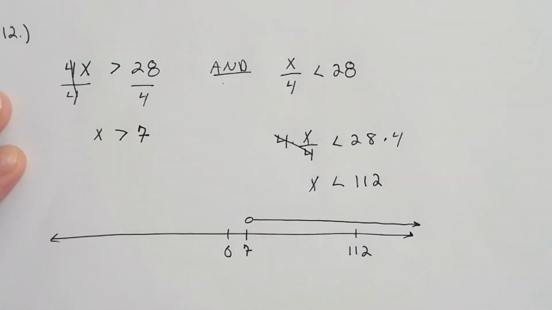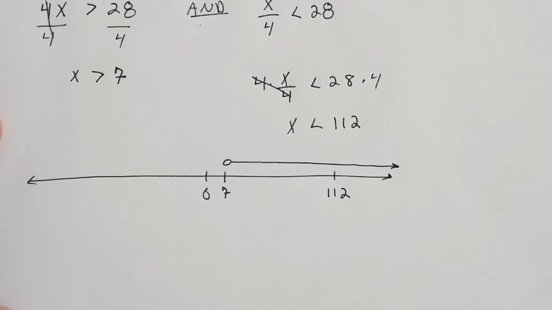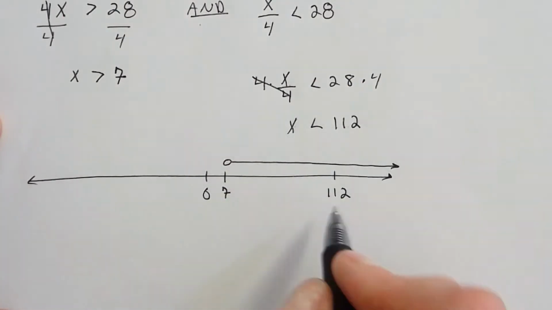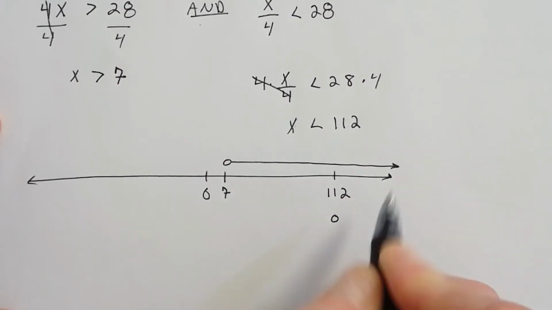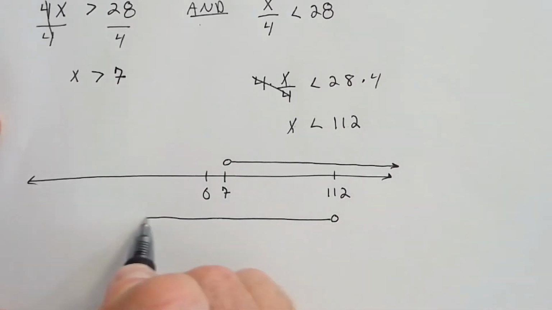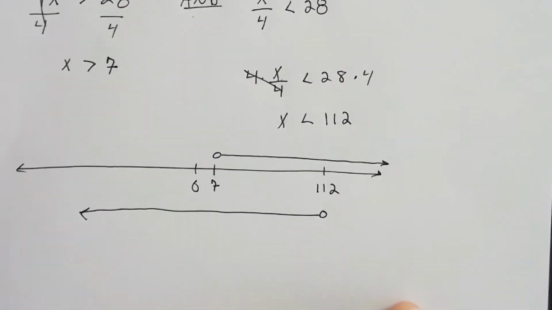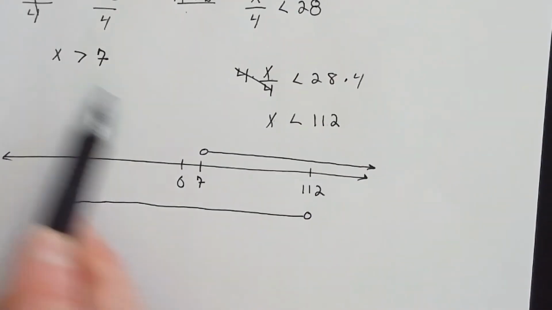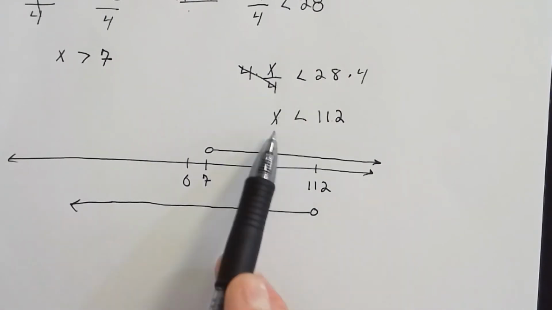Of course, that's not to scale. Everybody sees that. But 112 up here, X is less than 112. So we have an open circle here, and we have an arrow going the other way. But here, we want X to be greater than 7 and less than 112.